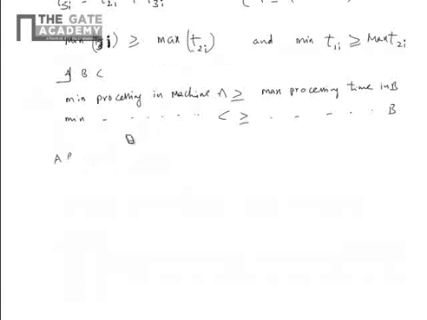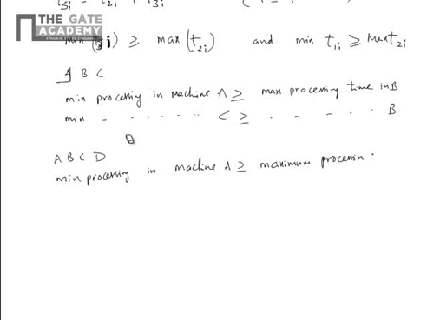Suppose if we have A, B, C, D machines, then minimum processing time in machine A is greater than or equal to maximum processing time in B and C. So whatever machines are in the middle between the extreme machines, whatever the number, suppose if there are 100, then the maximum of those 100 machines' processing times.